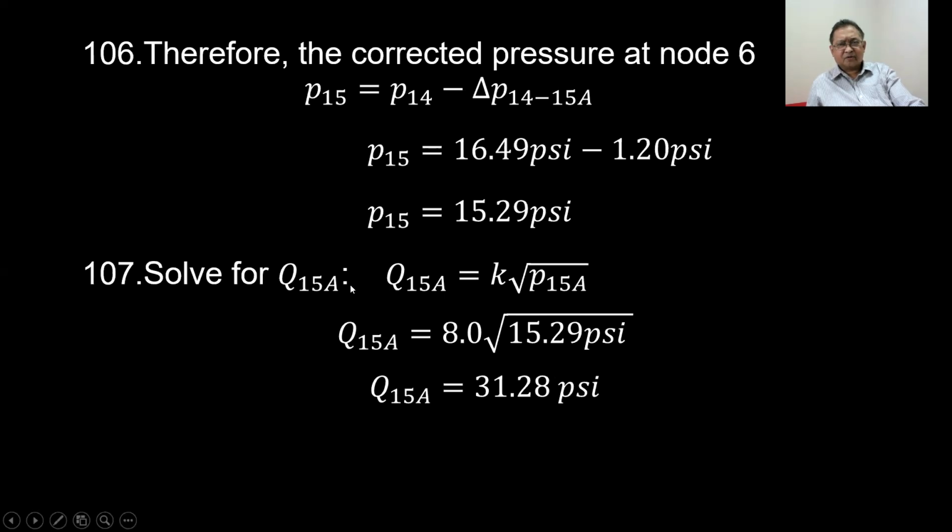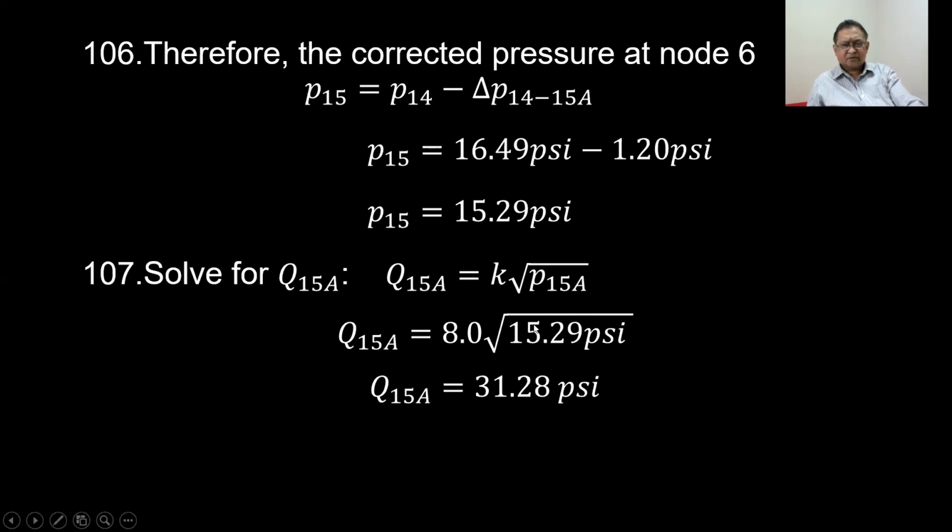And again, we are going downstream, so we deduct the pressure from 16.49. So 16.49 minus 1.2, the result will be 15.29 psi.